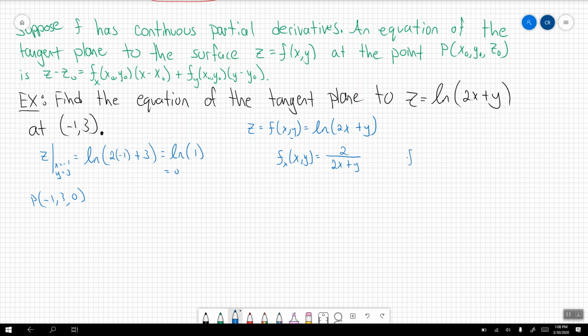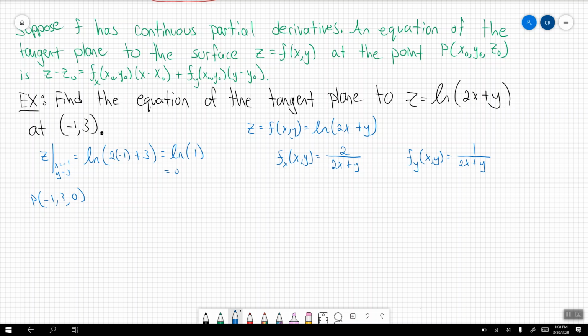We take the other partial derivative for the function with respect to y. Once again, the derivative of the natural log is 1 over its argument multiplied by the derivative of the inside with respect to y, which is just going to be 1.